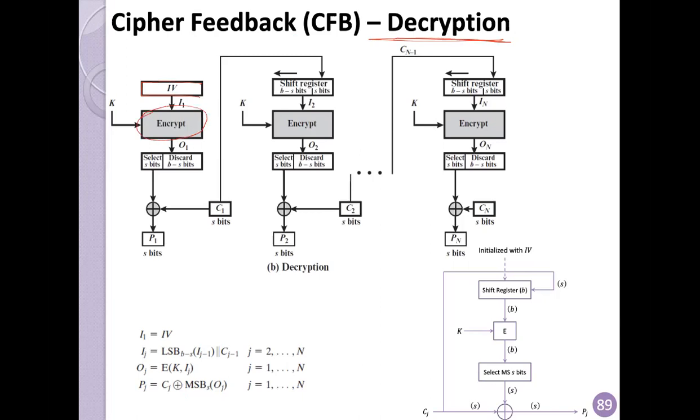So we don't need to do the decryption process. We do encryption. The way it works is this: we take the initialization vector, we encrypt it, we get the output. Again, we only use the upper S bits, and we XOR that with the ciphertext of block 1, and what we get is the plain text.